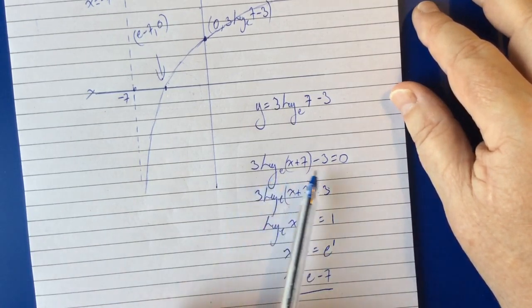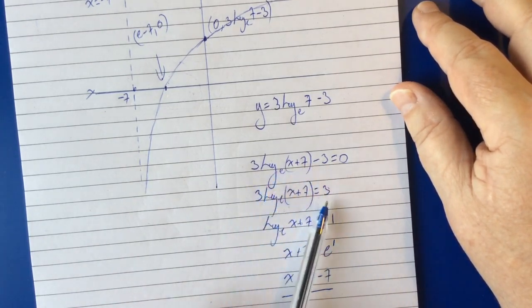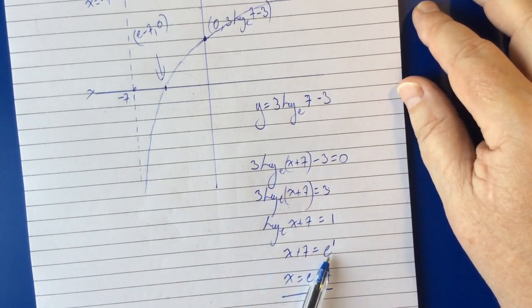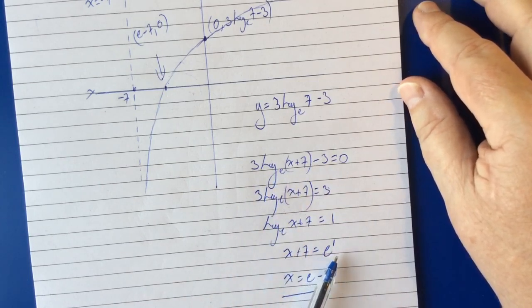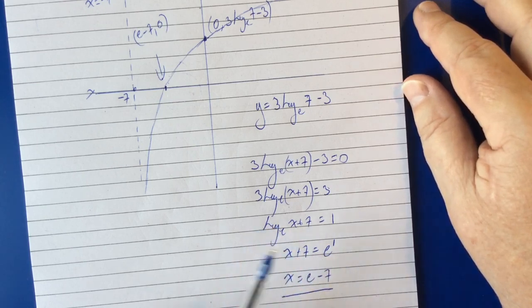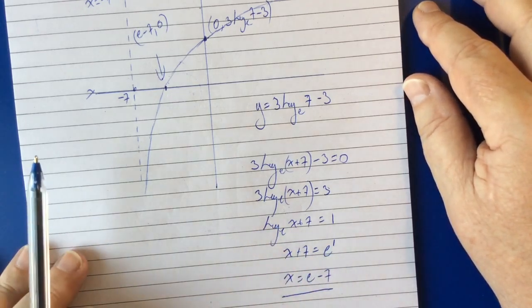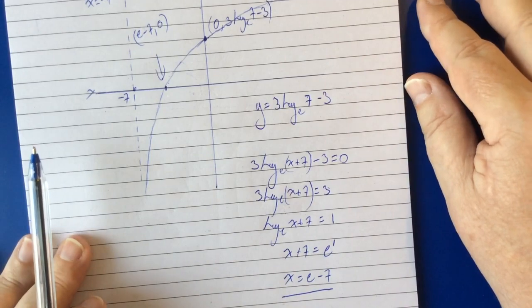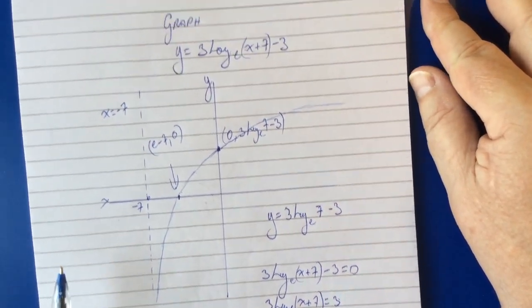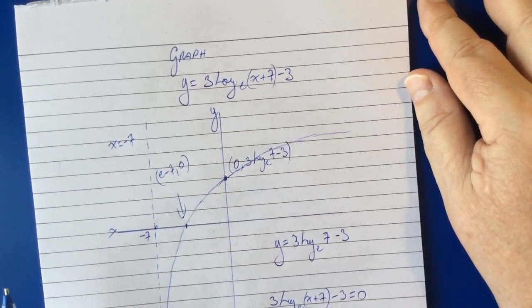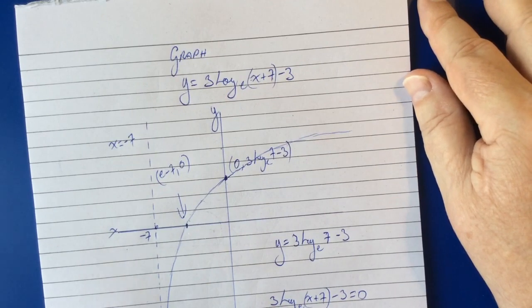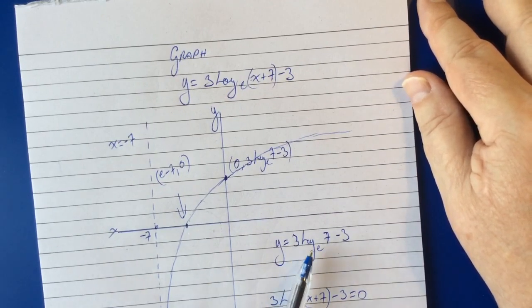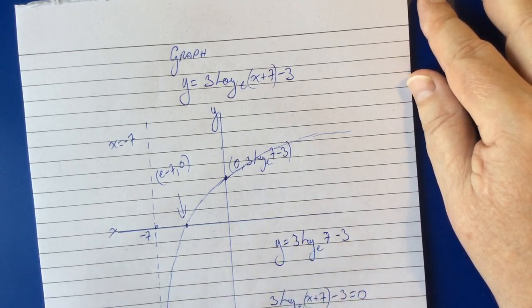It's simply a matter of making this whole thing equal 0, and then using the rule that allows you to swap from logs to exponentials, and that gives you x. Finding y was easier than one might expect. You simply insert 0 into this expression and you wind up with this.